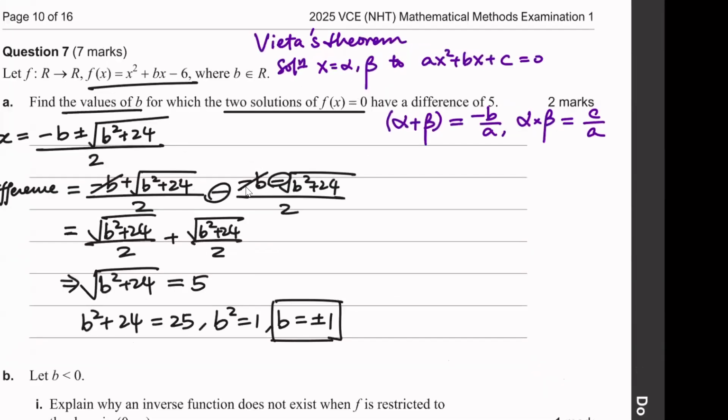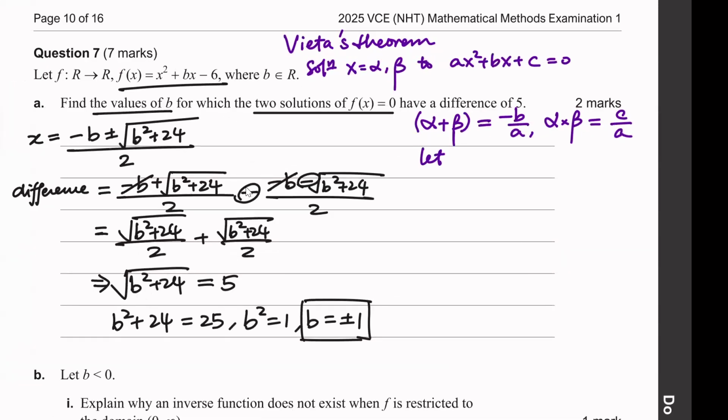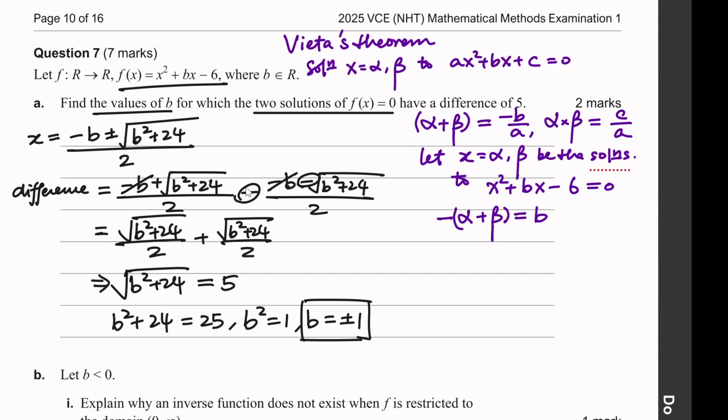This is also a possible method. So let x equals to alpha, beta be the solutions to, let's say, x squared plus bx minus 6 equal to 0. So you could say alpha plus beta equals to minus b, and alpha times beta equals to negative 6.